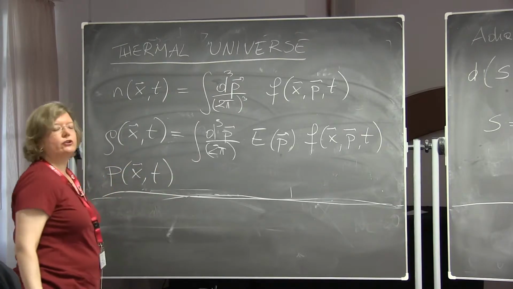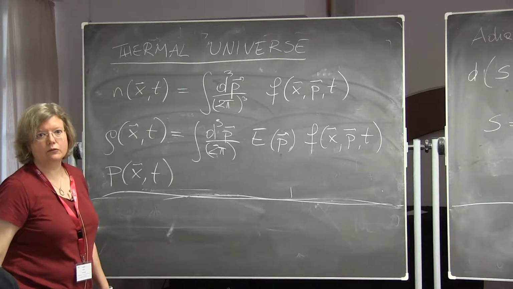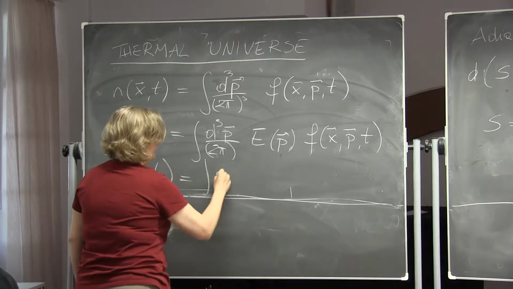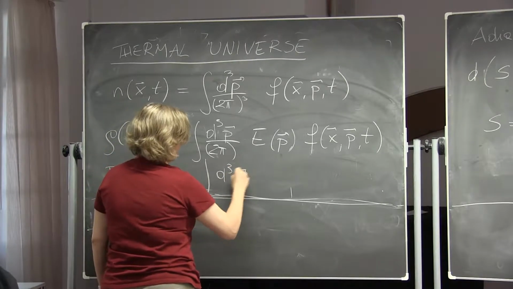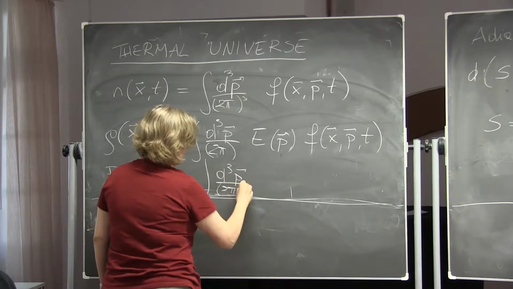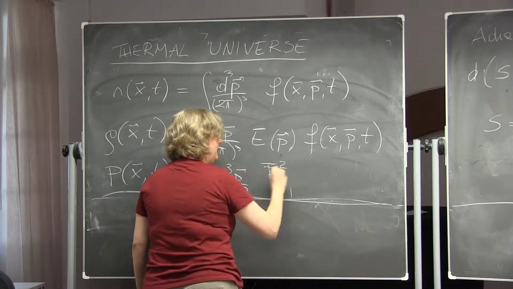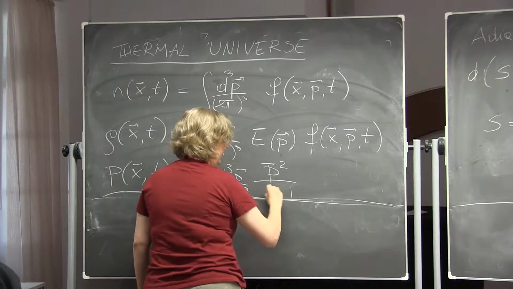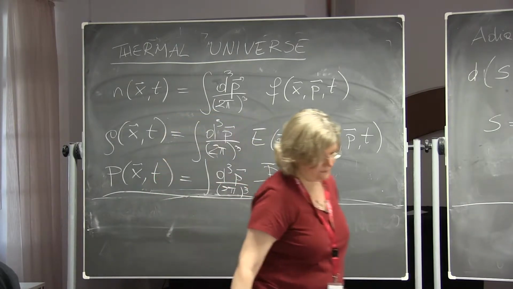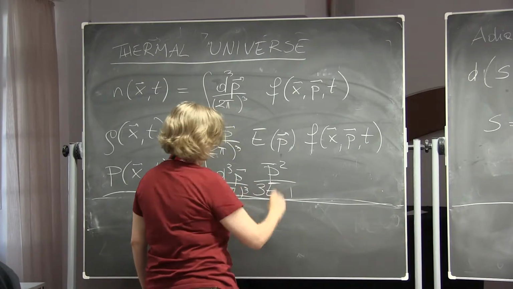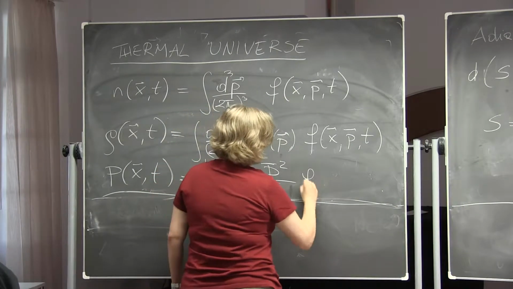Now what is the pressure? The pressure is usually connected to the kinetic energy of the particle. So what I have to integrate here is nothing else than p squared over the energy. Is there a factor of 2? Factor of 3 actually, yes. Times the distribution function.